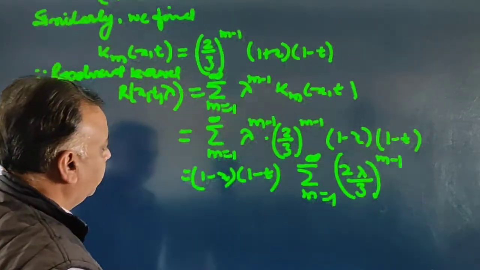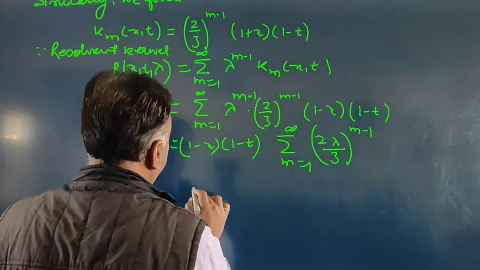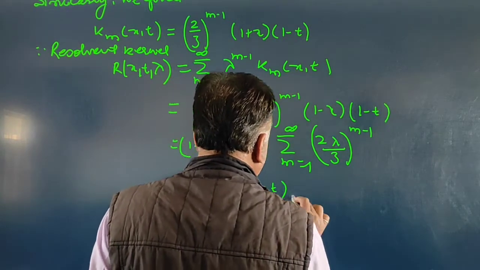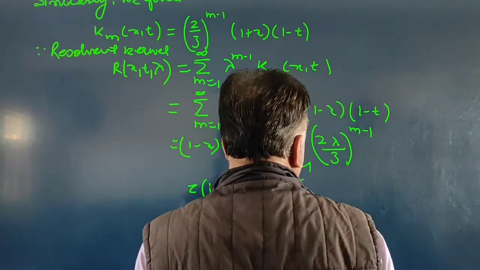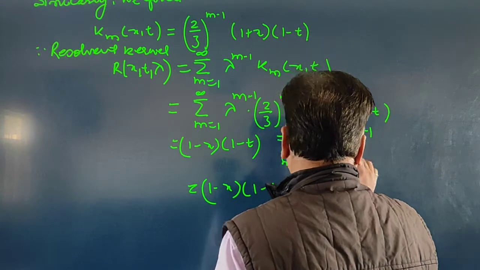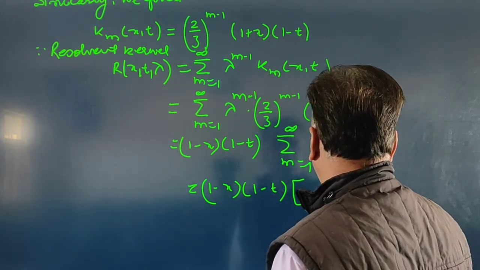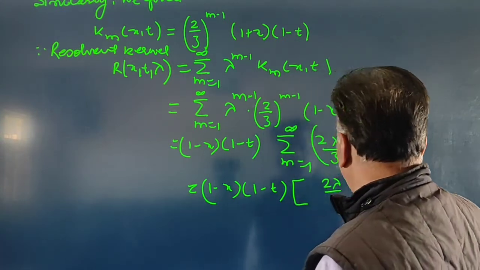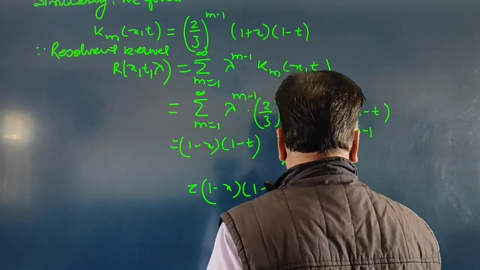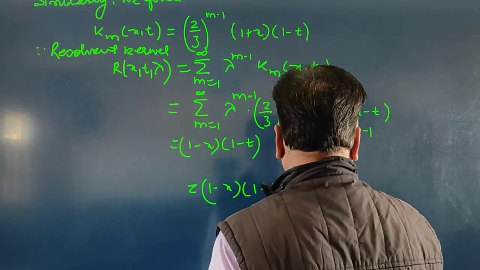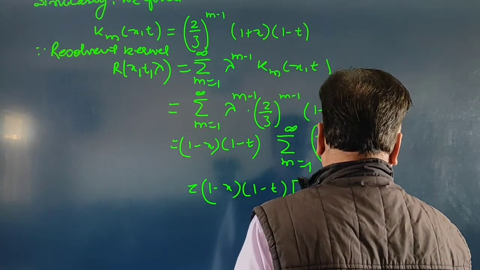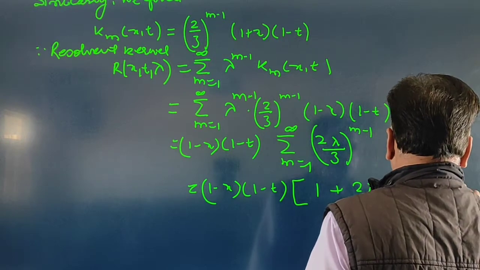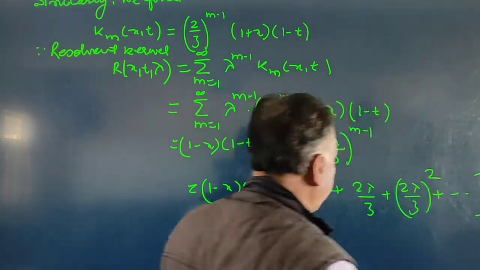If we take m equals 1, this is 1, plus 2 lambda by 3, plus (2 lambda by 3) whole square, and so on. These are the infinite terms.